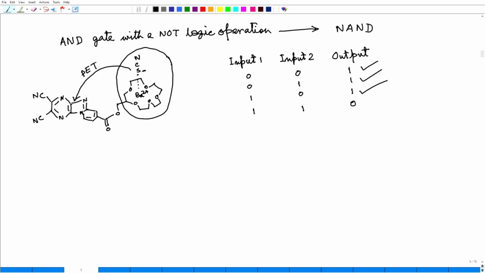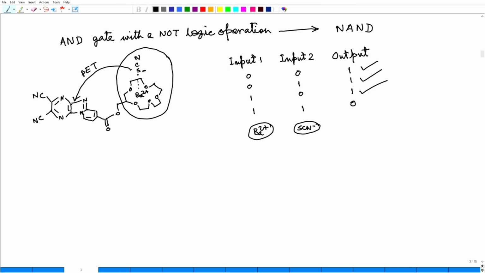In other cases, only barium present and no thiocyanate is this one. So, this is barium and this is thiocyanate. Okay, this is thiocyanate and this is barium, input 1. So, you look at this, when both are present, because this is tilted, it comes very close to this moiety.